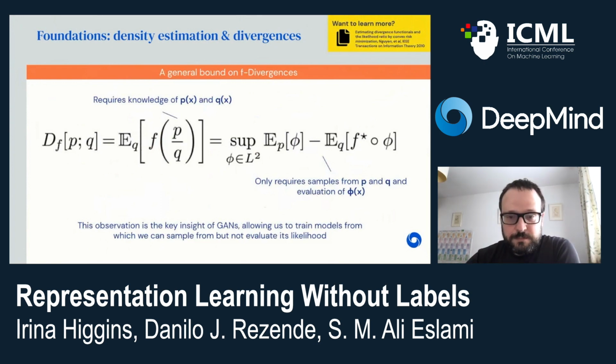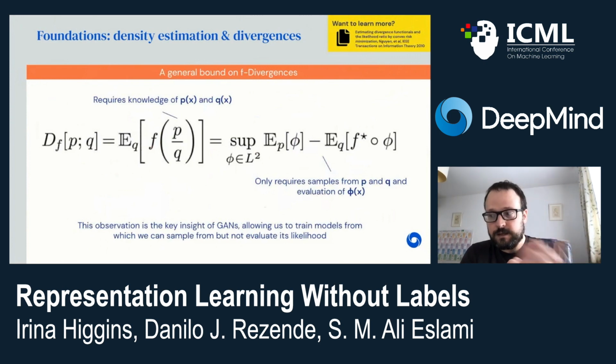So what this formula means is that we can bound the expression on the left by the expression on the right by choosing a suitable test function phi, and calculating the difference in expectations under the target density and under the model.